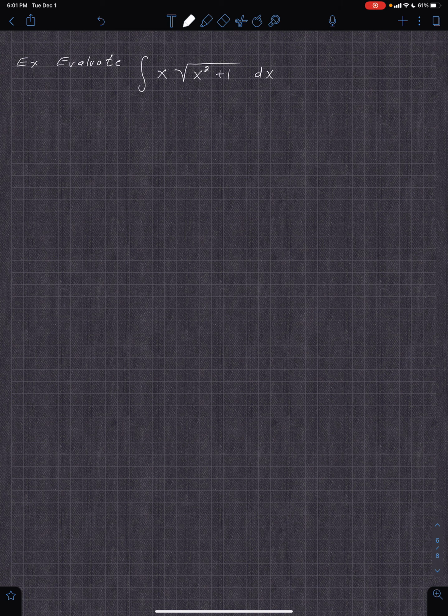For this one, you got to picture the next step like 2 steps ahead. What do you pick your u to be? Well, you're not going to pick u to be that, because it's not inside a function. It's not the reverse of a chain rule. So normally it's going to be whatever's inside the function. So this is going to be your u.